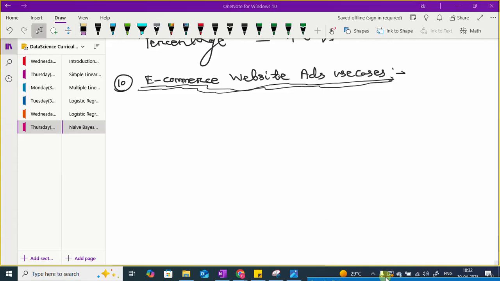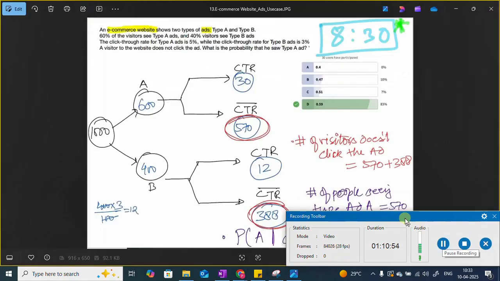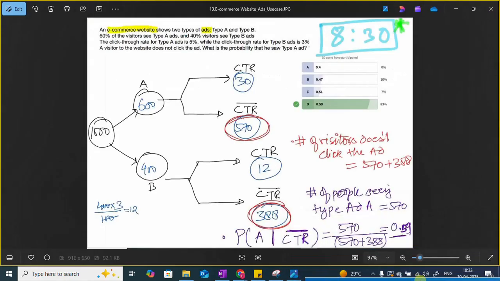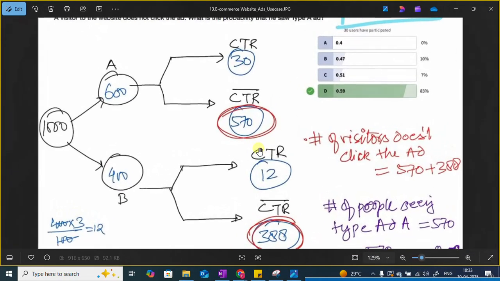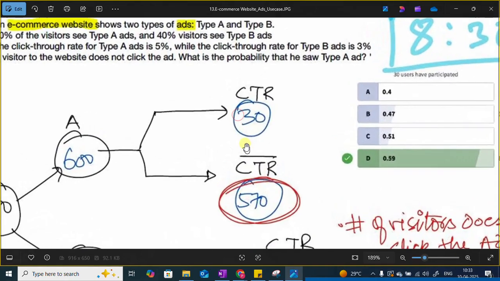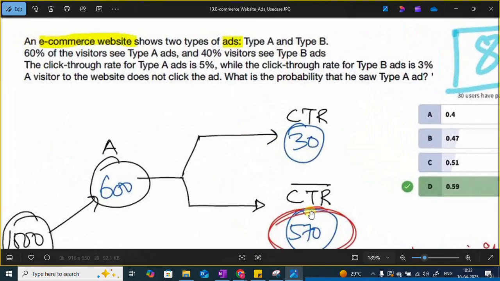Fine. So let me go back to my PPT again. Now see guys, let me maximize, read the question, then we'll try to solve. An e-commerce website shows two types of ad, type A and type B ad. Let's say one ad is related to t-shirt, another ad is related to, let's say, any mobile phone or mobile devices.